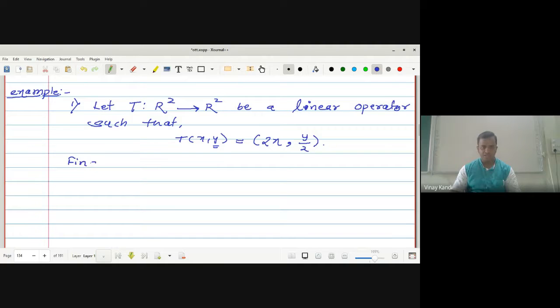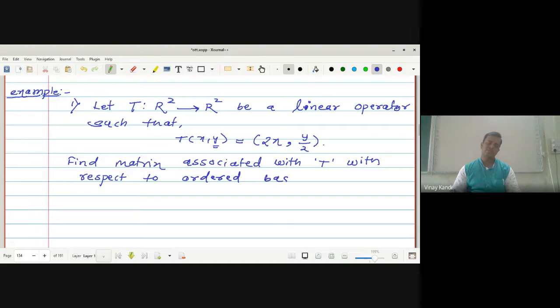So find here the matrix associated with the transformation T, or that is map T, with respect to ordered basis.